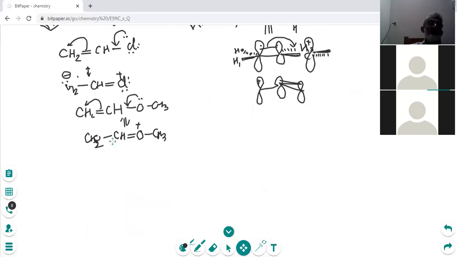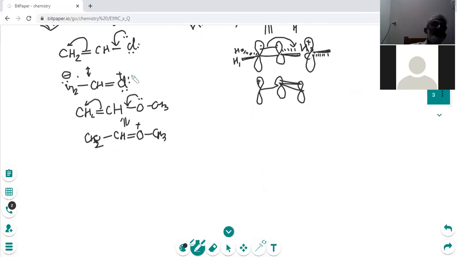So the net result is the positive charge which was there on this carbon is delocalized over to this chlorine.